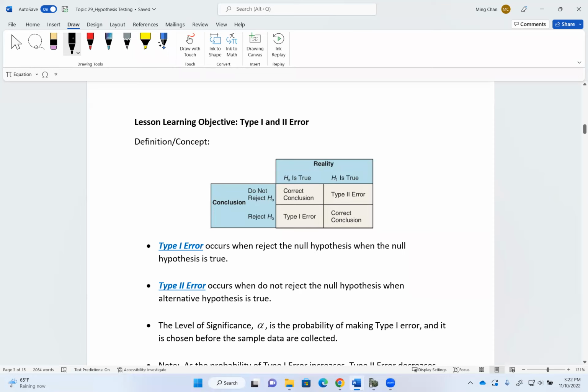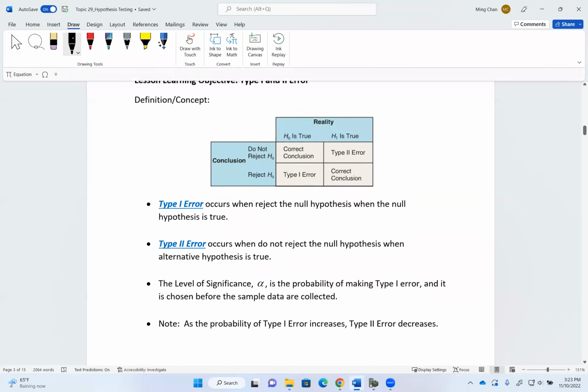However, if the null hypothesis is true but we still reject it, that's called a type 1 error. A type 2 error occurs when we do not reject the null hypothesis when in reality the alternative hypothesis is true. That would be called a type 2 error.